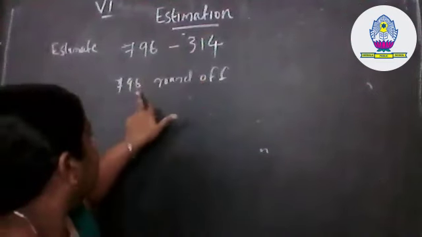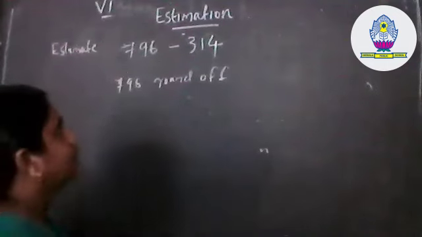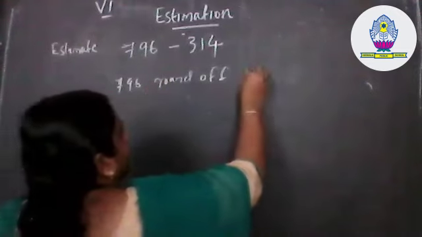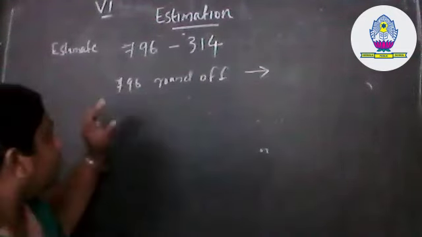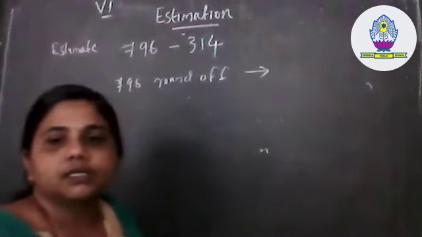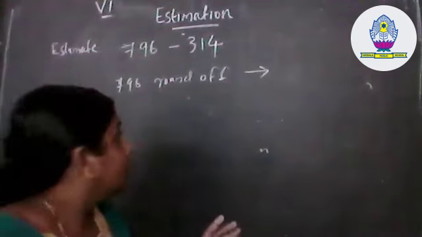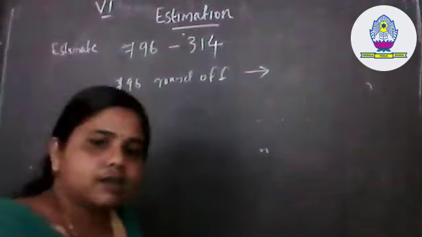So we round off to the nearest 100. First one is 796. Round off to the nearest 100 implies, how can we round off to the nearest 100? If we convert to the nearest 100, then we take the digit in the tens place.